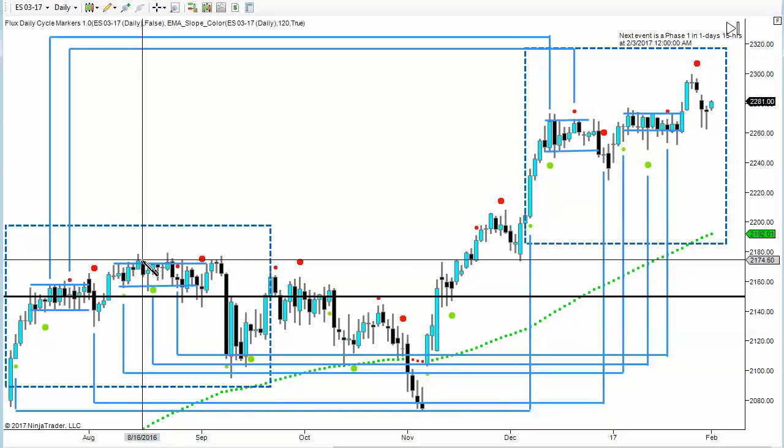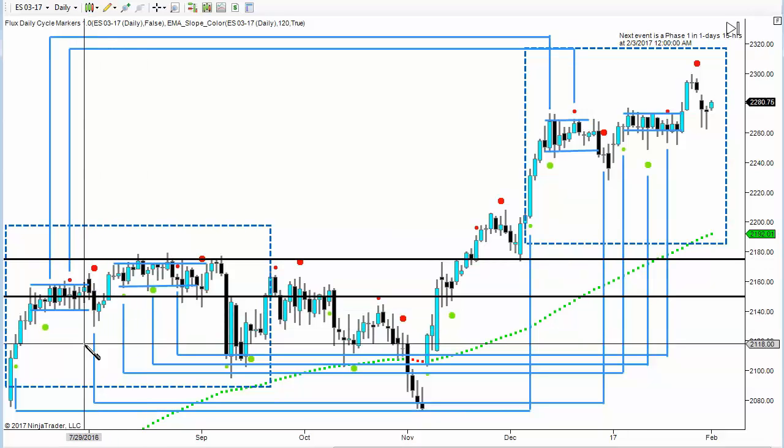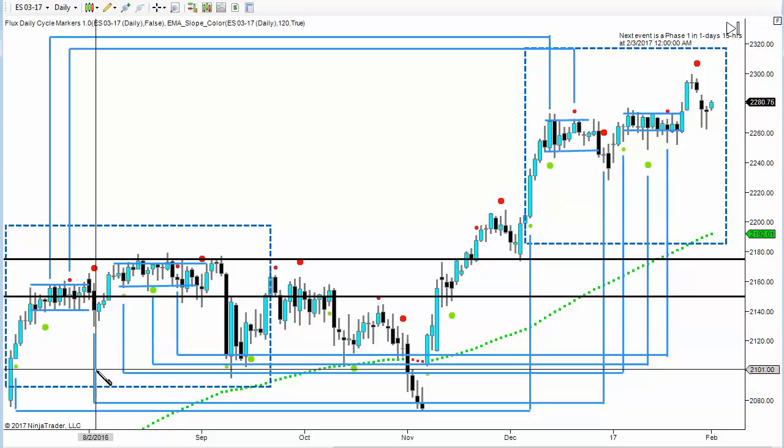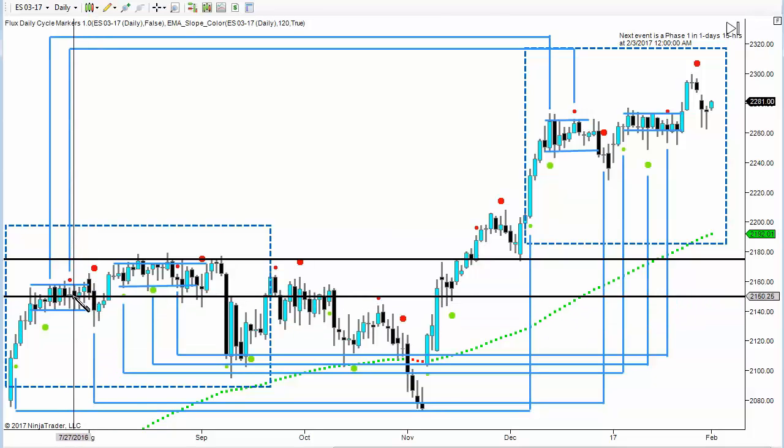These are big psychological round numbers to the market makers. Okay, so first consolidation phase is at 21.50. Second consolidation phase is at 21.75.